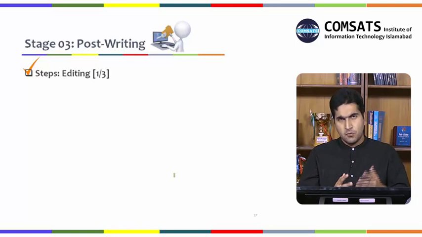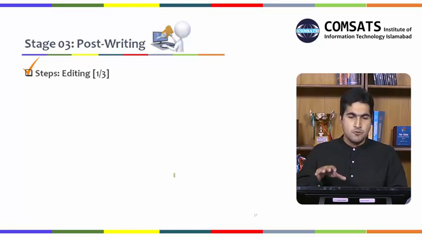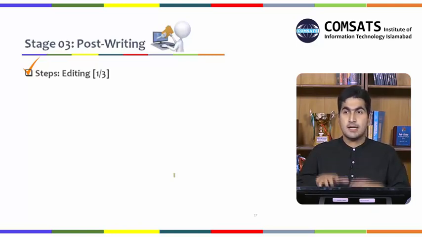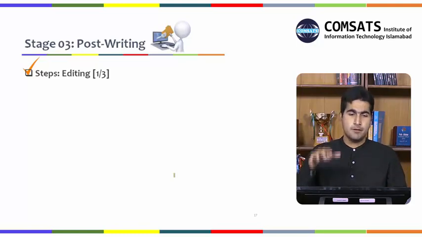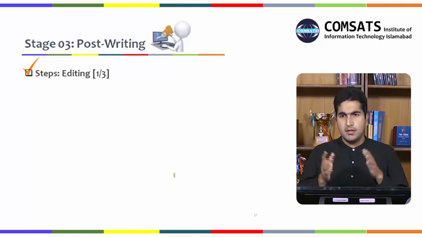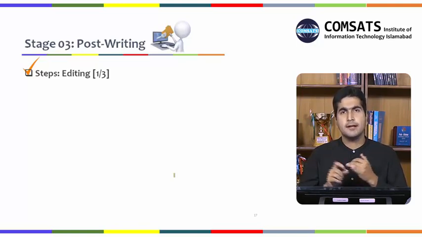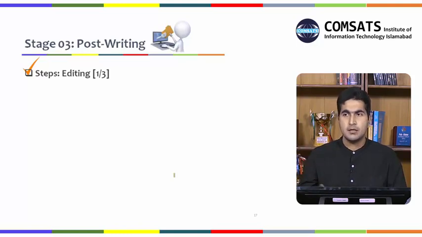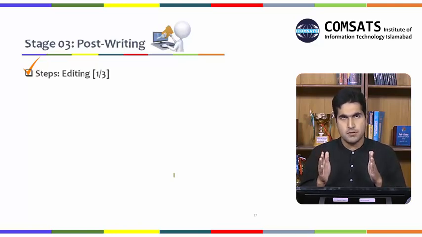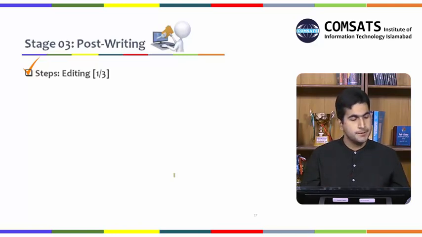But to make it easier, once we move from this stage of revising and looking at the body as a whole, and we enter into this editing process, you look towards some other things. Is it moving logically? Is the scope clearly identified within your writing? Is there any digression happening? Whether the writer is speaking of the subject or not? Is he or she staying focused towards the topic or not?